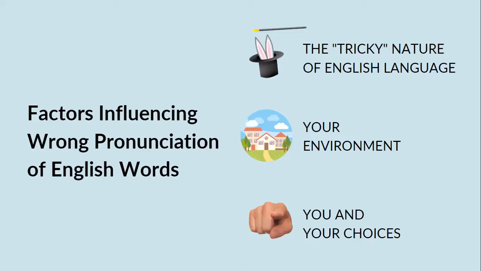Can you see? Because A on its own has at least 8 sounds, depending on the letters around it. So when do you know when to use which of the sounds? That's why it's not that straightforward to know how to pronounce English words just by looking at their letters.